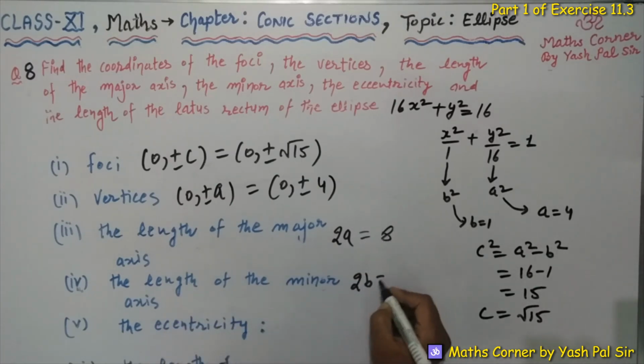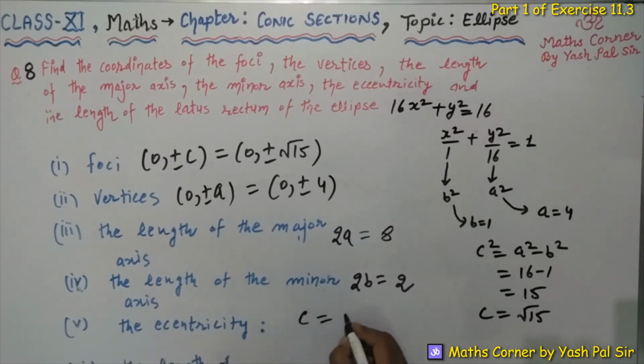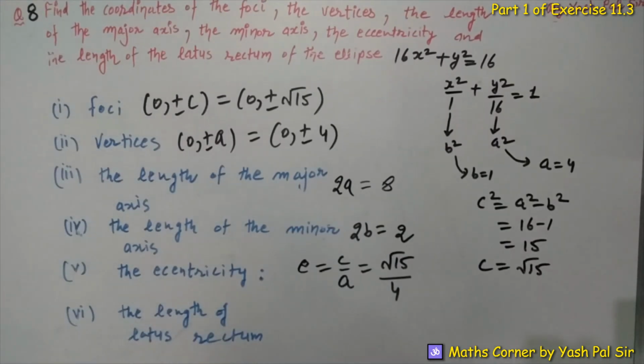Length of minor axis is 2b equal to 2. Eccentricity e is equal to c upon a, square root 15 upon 4. And lastly the length of latus rectum, 2b square upon a, 2 into 1 upon a is 4. So 1 upon 2 is the length of latus rectum.